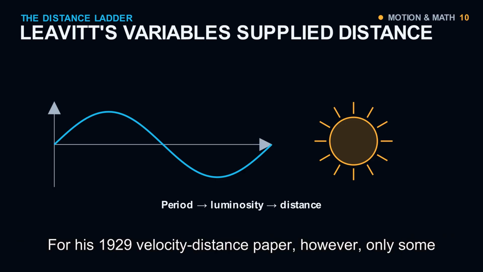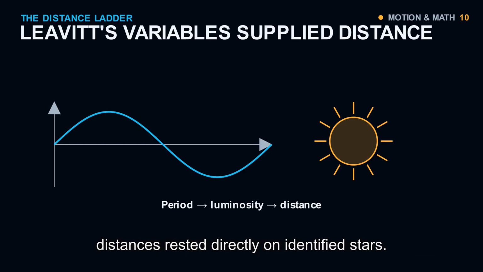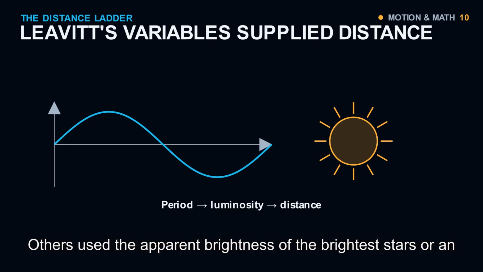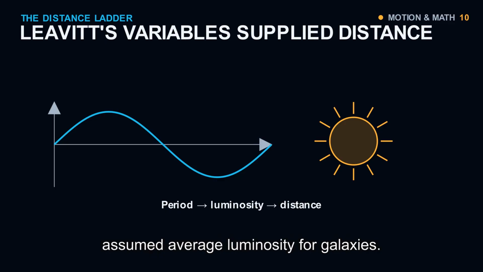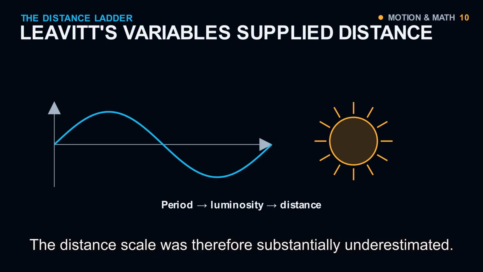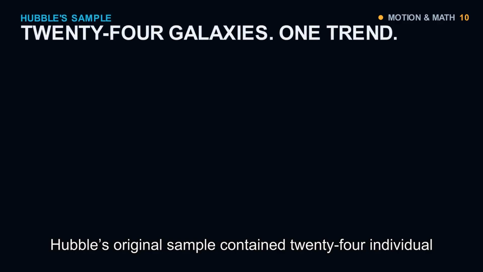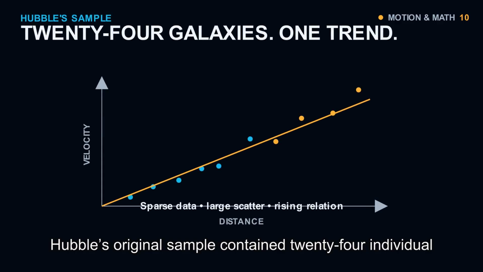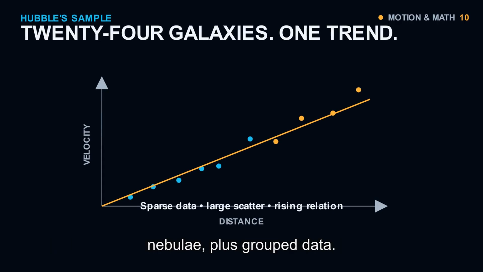For his 1929 velocity-distance paper, however, only some distances rested directly on identified stars. Others used the apparent brightness of the brightest stars or an assumed average luminosity for galaxies. The distance scale was therefore substantially underestimated. Hubble's original sample contained 24 individual nebulae, plus group data.